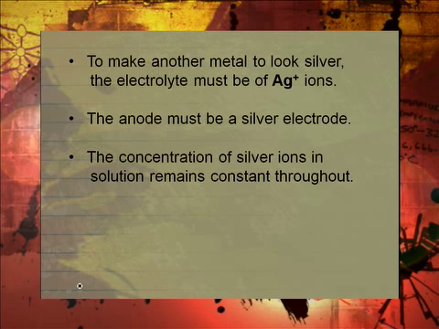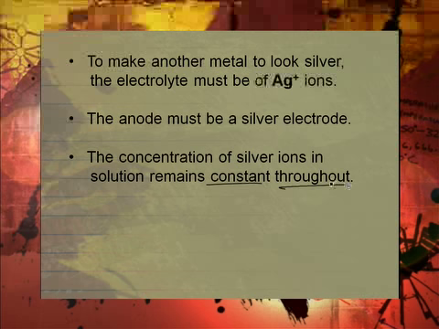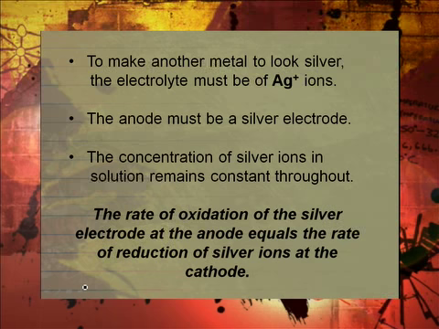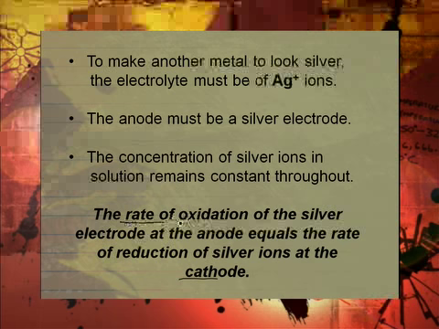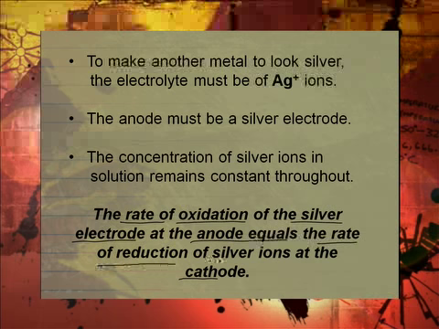The concentration of silver ions in solution remains constant throughout. Why? It remains constant throughout because the rate of oxidation of the silver electrode, which I'm going to show you now at the anode, equals the rate of reduction of the silver ions at the cathode.